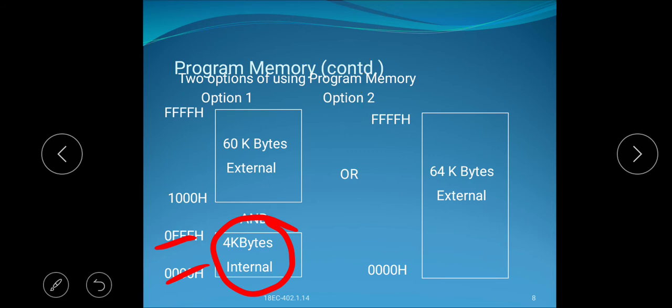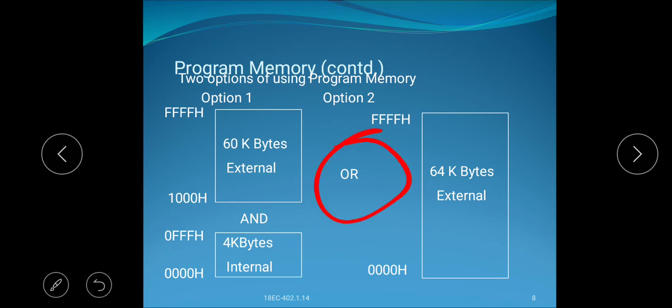That means in the program memory there are two options. Option 1: 60 kilobytes of external, that is 1000H to FFFFH, and 4 kilobytes of internal, 0000H to 0FFFH.